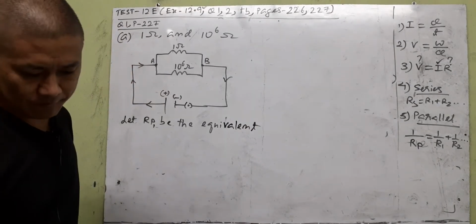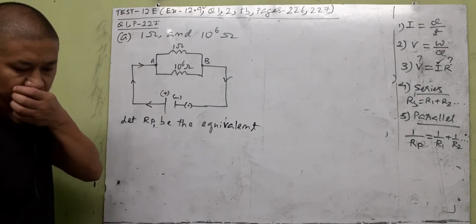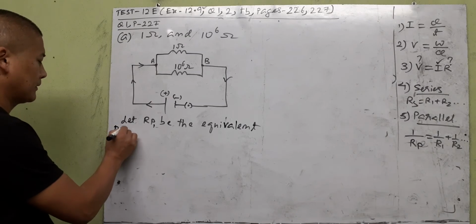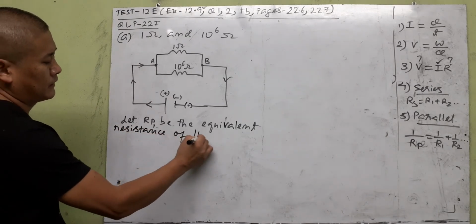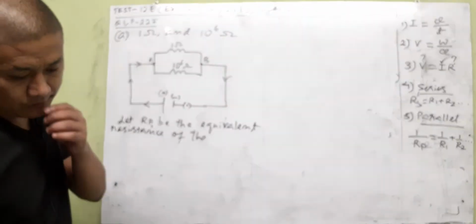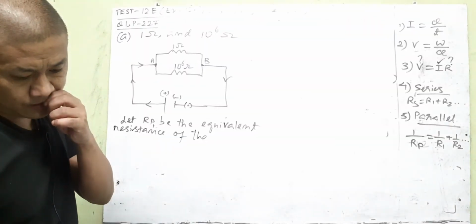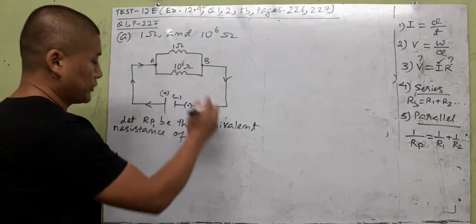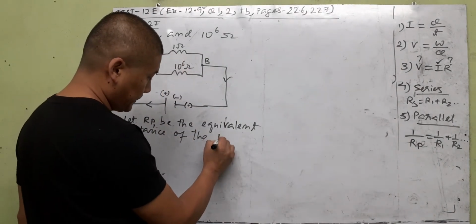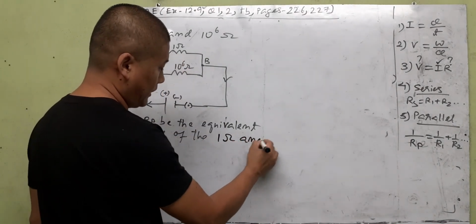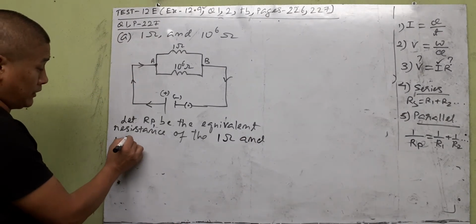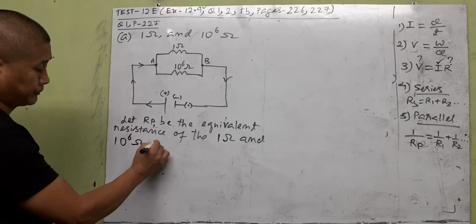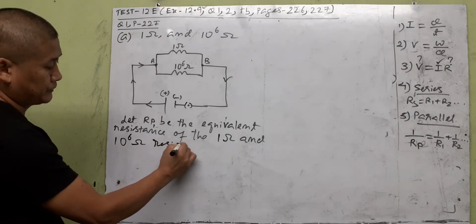But the meaning is the same. Let RP1 be the equivalent resistance of the 1 ohm and 10 to the power 6 ohm resistors.